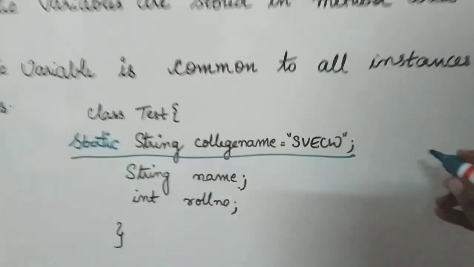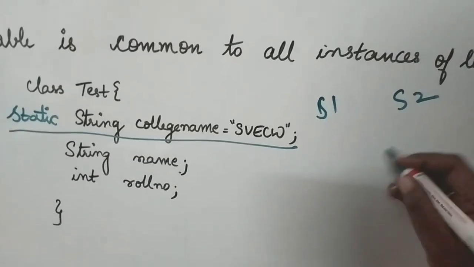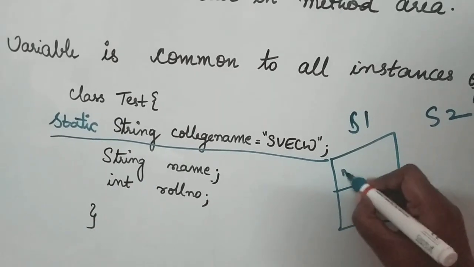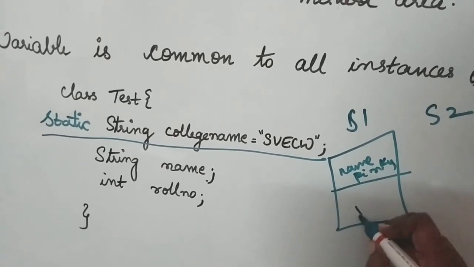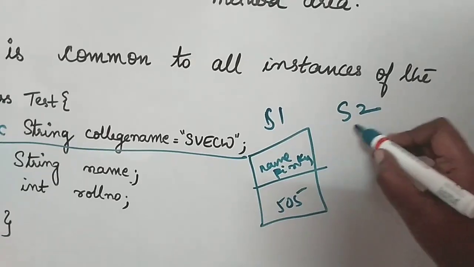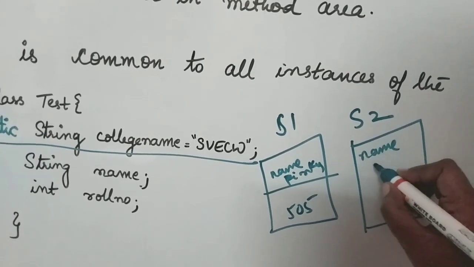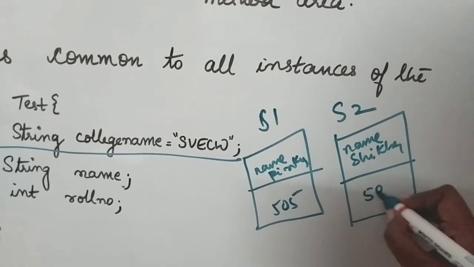And for each and every object, say I'm having two objects, S1 and S2. For the object S1, the name will be different. Say the name is Pinky and the roll number is 505. For S2, again the name will be different. The name can be Shika, and the roll number can be 582.